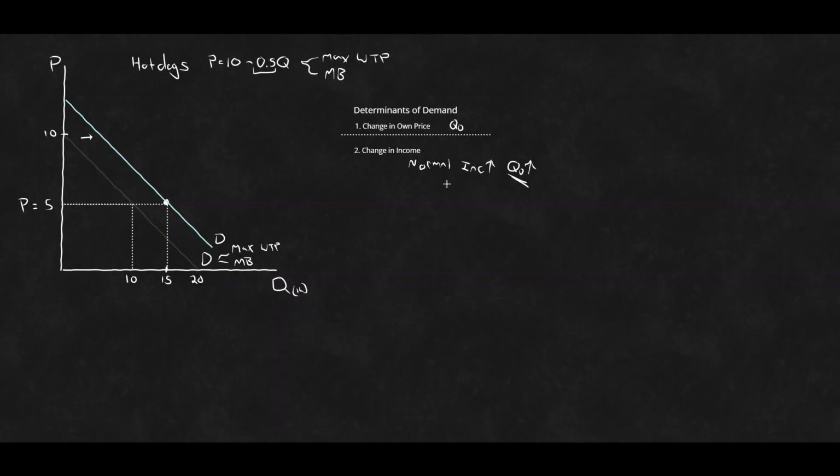I bring that up because let's take a look at another possible scenario. The other possible scenario is that we have what we would call an inferior good. An inferior good is a good that you're buying only because you don't have the money to buy something better. And in the case of an inferior good, when your income rises, you actually want less of it. You actually go, okay, cool, I have more money.